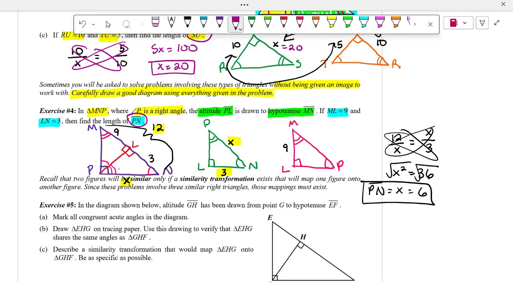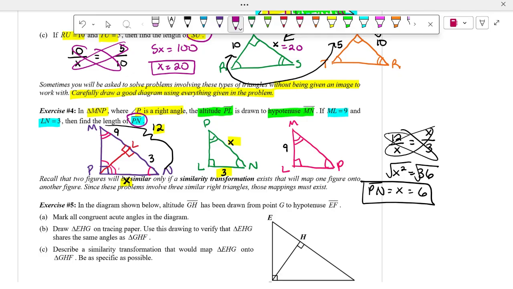So the right angle's here, so I flip it over. Boom. That's what we're doing. We're literally breaking apart the two triangles and just orienting them so they look the same. Does that make a little bit more sense? Yeah. All right. Any other questions on that?